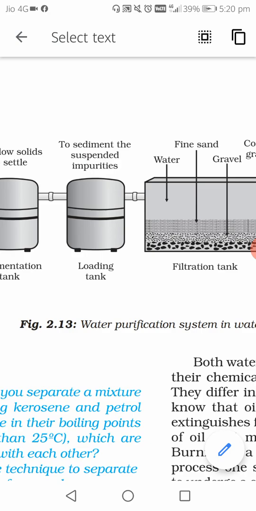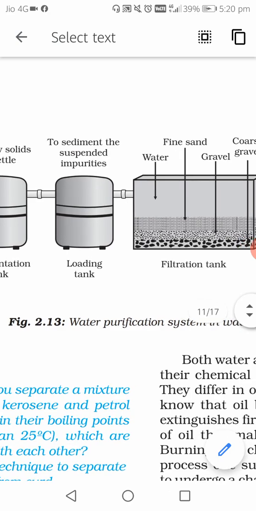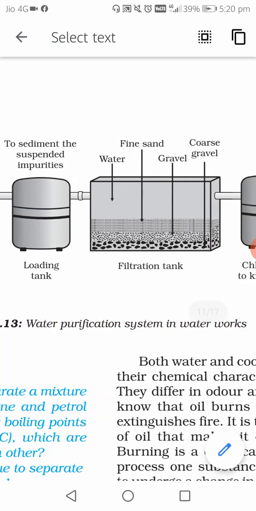Okay, then the next tank is the filtration tank, and you can see that in the filtration tank we have fine sand, gravel, and coarse gravel, so that water can pass through it. The impurities present in water will be obstructed by these gravels and sand, because the gap between two sand particles or two gravels is very small.